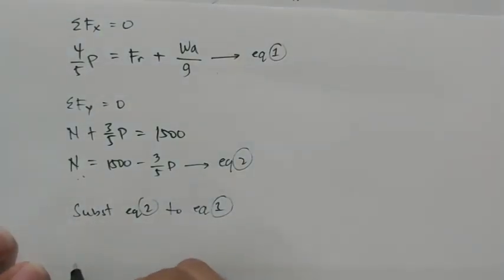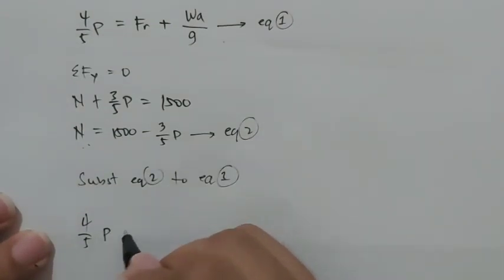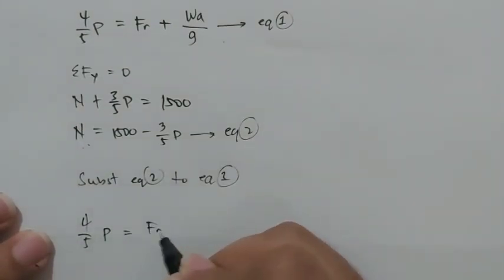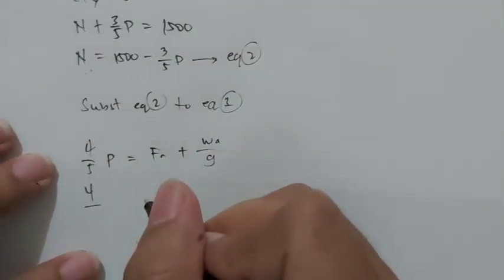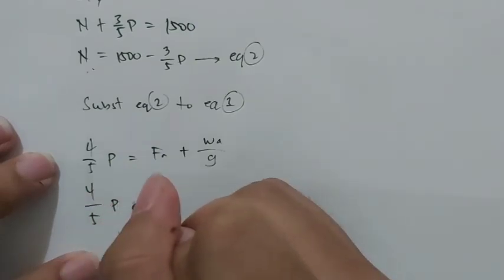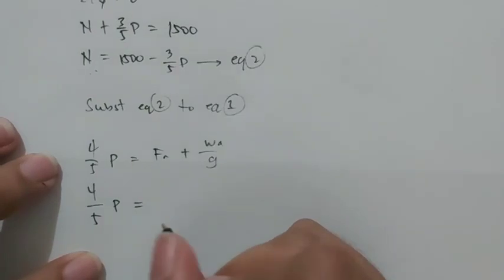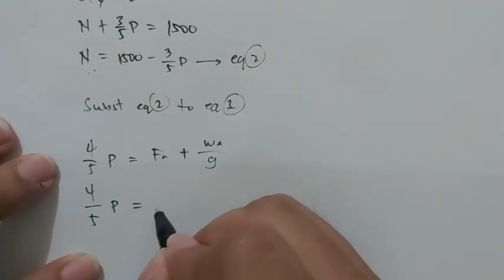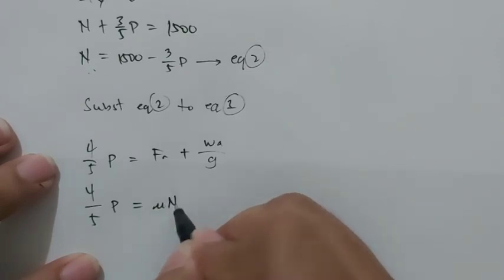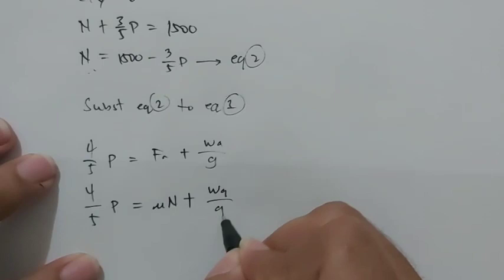So we have equation 1 is equal to 4 over 5 P is equal to F sub r plus WA over g. So 4 over 5 P is equal to, so yung coefficient of kinetic friction natin is 0.20. By the way, ang F natin is equal to mu times N. So ito muna, plus WA over g.